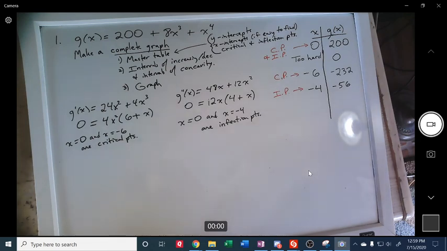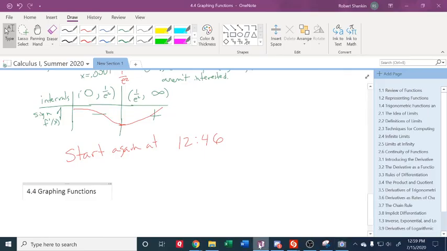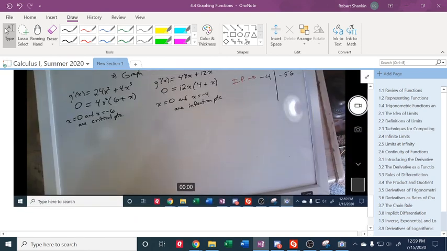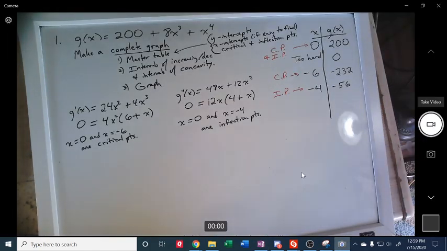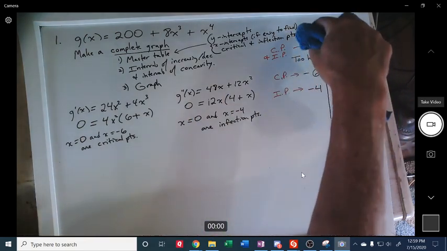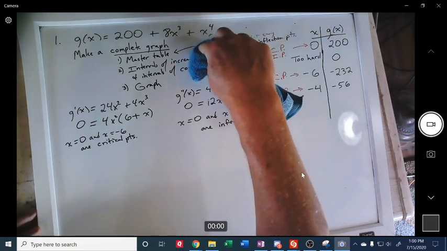Well, let me first copy this. To get some extra space, I'm going to get rid of these instructions.